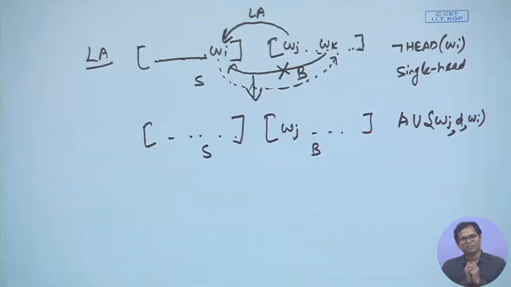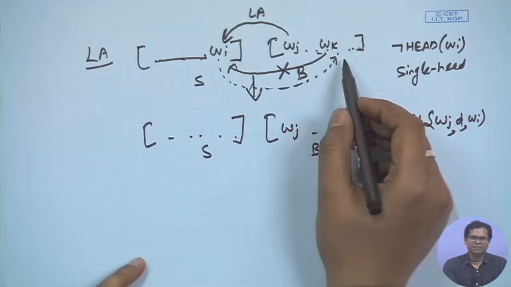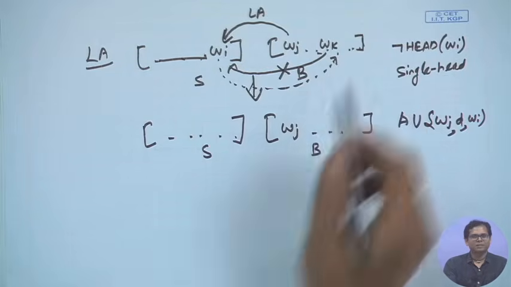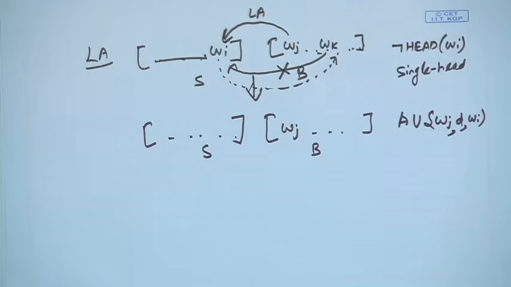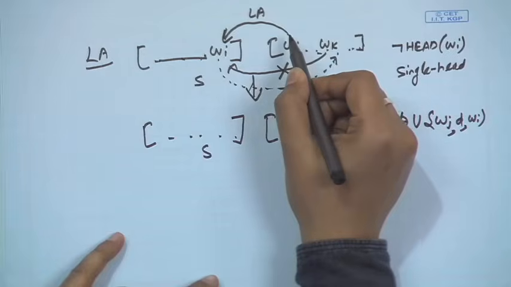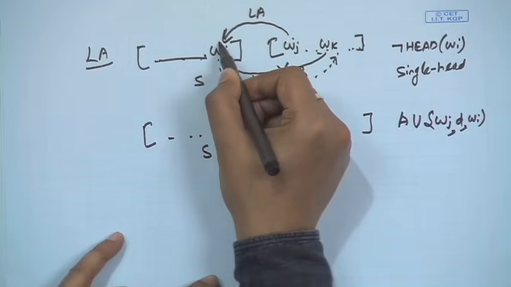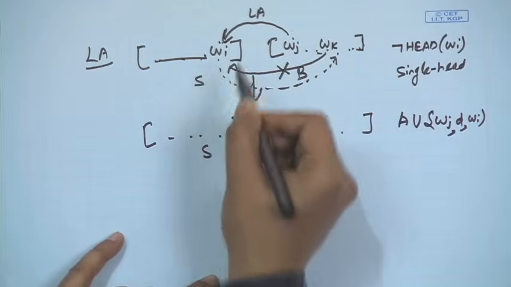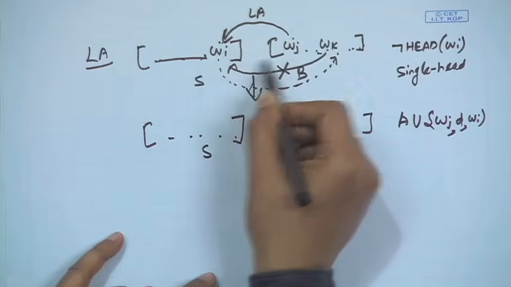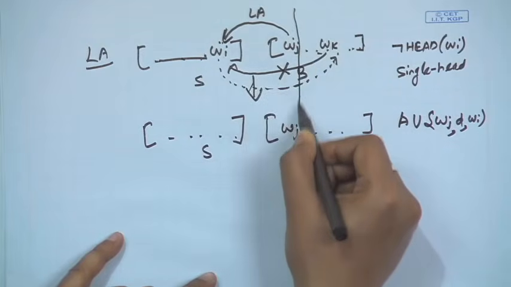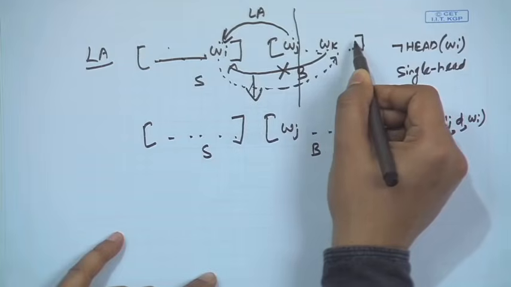Is that possible? If you think again about the formal condition that we have defined, what condition is it violating? Remember the condition on projectivity. If there is a relation from j to i, then from i the next dependent can be only on this side of j, it cannot be on that side of j.